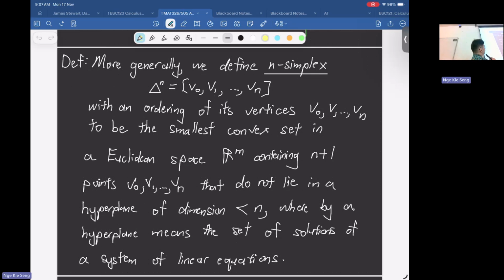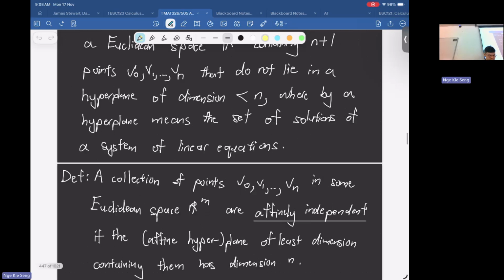So we define the n-simplex with an order. This order has to be transitive, obviously, to be the smallest convex set in R^m containing n+1 points that do not lie in a hyperplane of dimension less than n. Meaning they could only lie in a hyperplane of dimension greater than or equal to n. So what does this mean here?